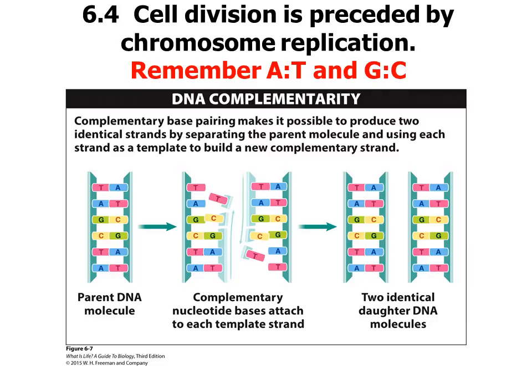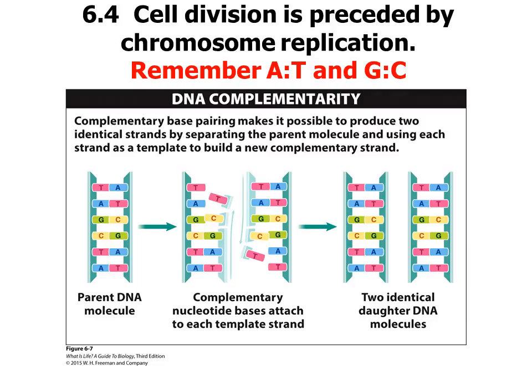Before we can have cell division and interphase, we get that chromosome replication. This is just showing you the parent DNA molecule. You split that double strand apart, and then each of those individual strands will become a complementary template strand to then get two identical daughter DNA molecules.